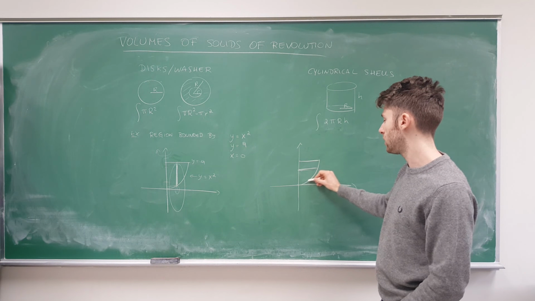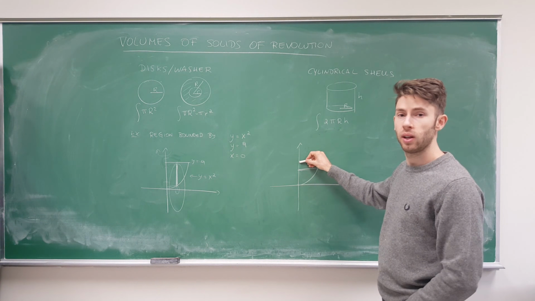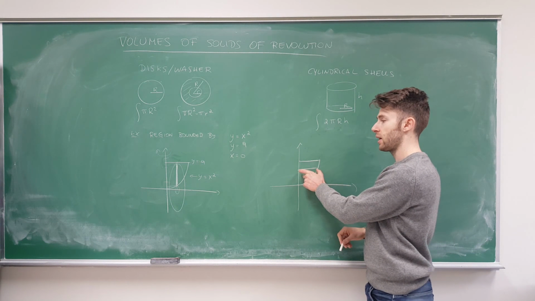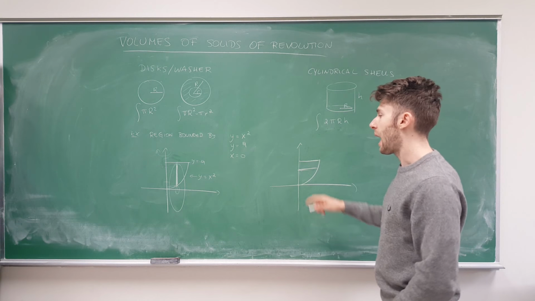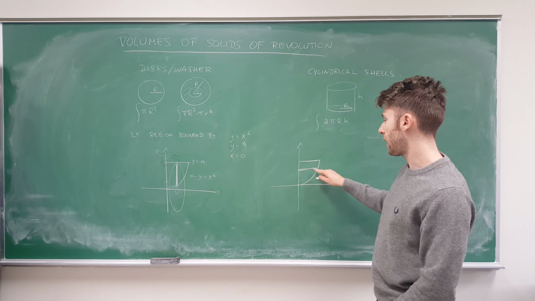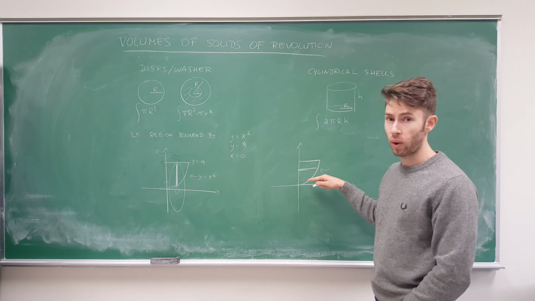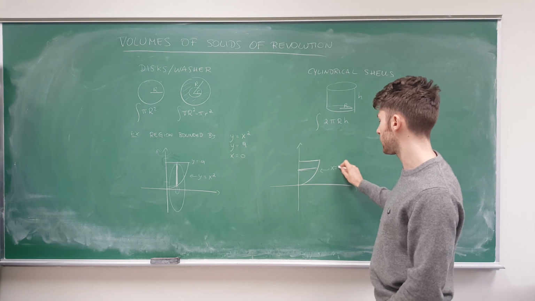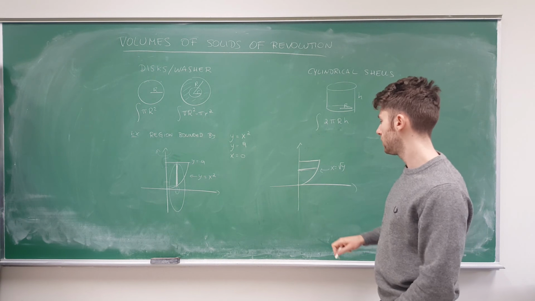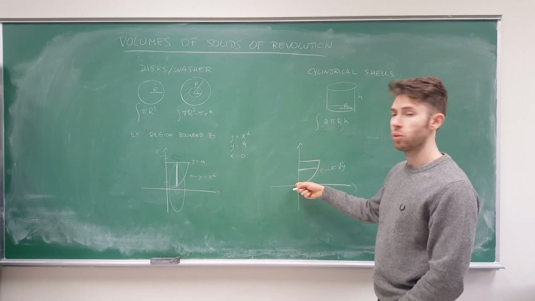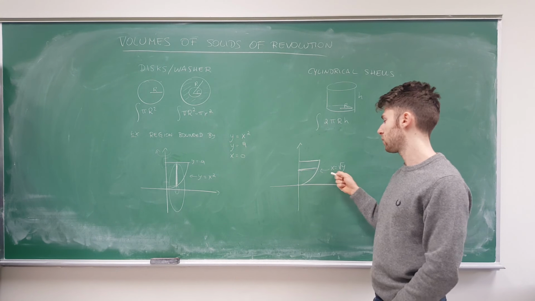Yes, I always see this one and this one. So they're going to give me the length of this. I will just need to express this as x in terms of y. So this curve would now be x equals square root of y. And this one would be x equals 0, so the length of this would just be square root of y.